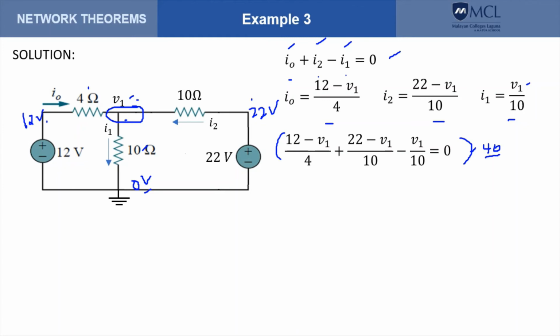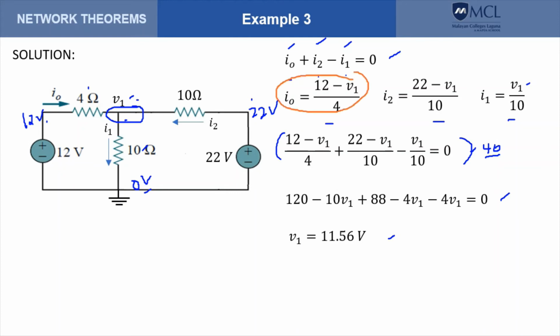But I will use 40 here. So multiply both sides by 40. That would mean that the equation will now look like this. And solving for V sub 1, I will get here 11.56 volts. So this is my node voltage, V sub 1. Then I use this equation to solve for I naught. So doing that, that will give me 1/9 amperes for I sub naught.